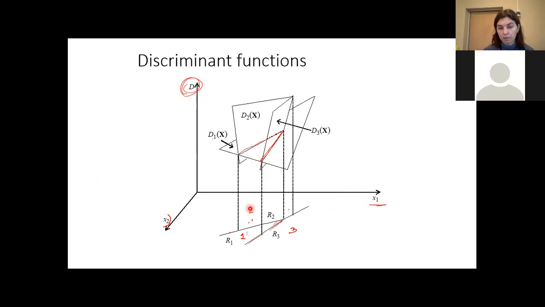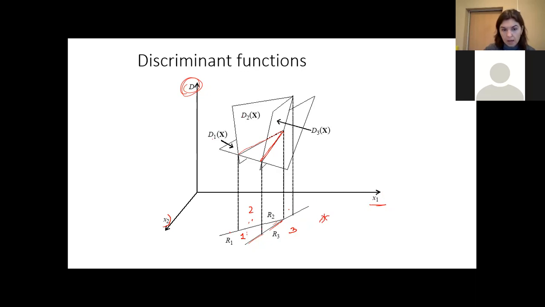It will be a plane, and if we project it onto the features, you will see that actually they are areas on the plane. If you put a point here somewhere, let's say something like this, and suppose you have an object in this region, to find the class you need to find the discriminant function.